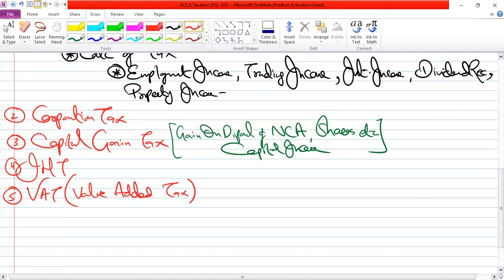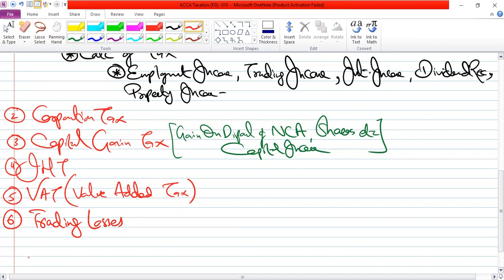After VAT, we have one more topic called trading losses. If you have income, the government is imposing tax on you, right or wrong? But if you incur a loss instead of having a profit, if your company or your sole trader is having a loss, what is the government going to do?